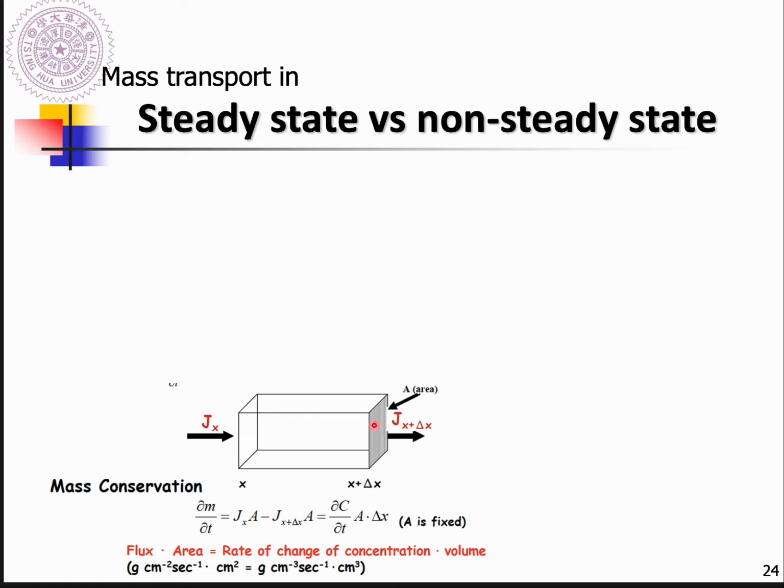The residual part will be used to increase or change the mass in the system, right? So I can express it like this. I can write it down like this: this is the mass change rate, right?